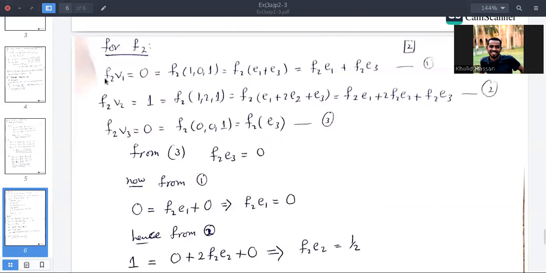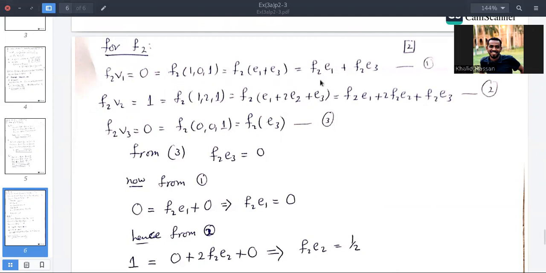We repeat what we did before, which is f2 v1 equals 0, f2 v2 equals 1, f2 v3 equals 0. And then we know that v1 is (1, 0, 1), v2 is (1, 2, 1), and v3 is (0, 0, 1). So we have f2. Okay, we write (1, 0, 1) using the standard basis as e1 plus e3.